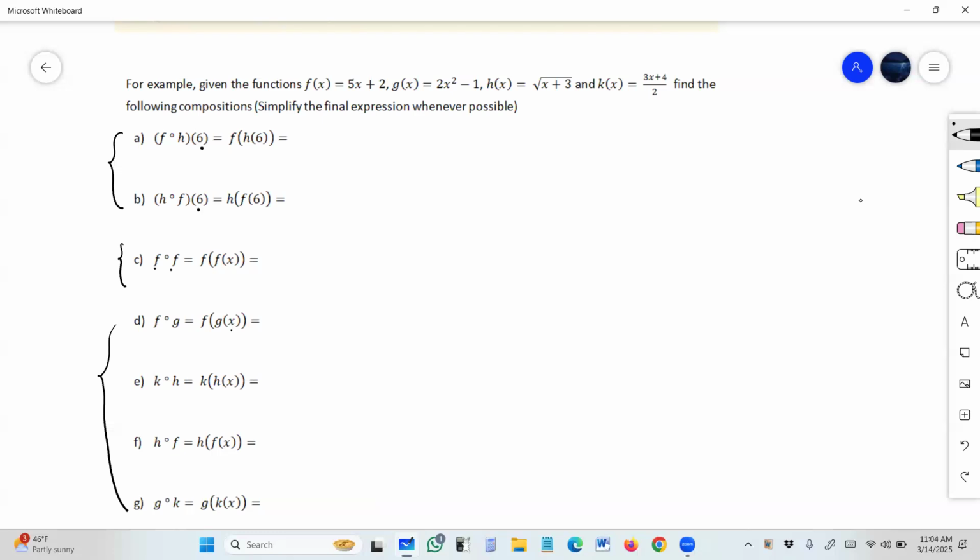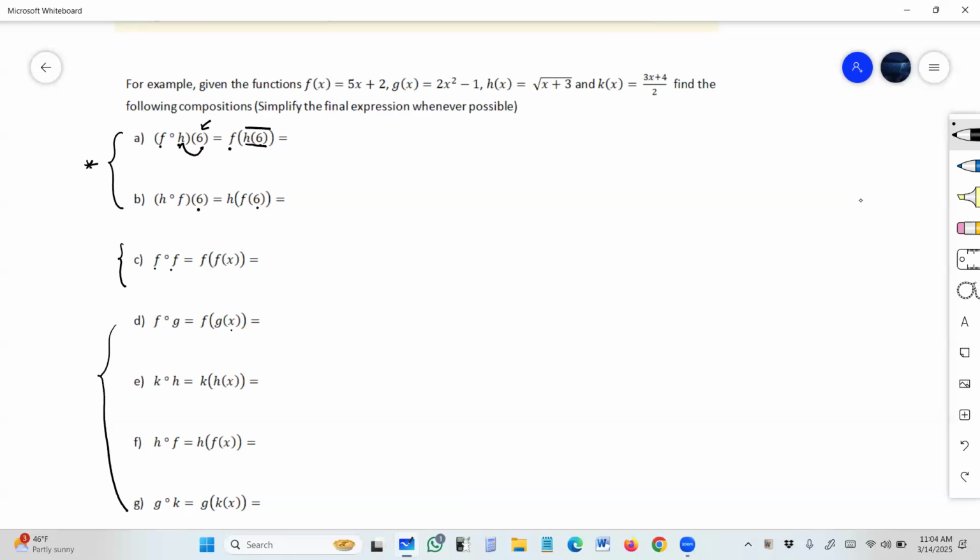Let's take a look at the first two cases. In these first two, the answer is going to be a number because I'm evaluating the composition at a particular point. So what do we do? First we understand the composition. f compose h means f of h of x. Because I'm evaluating at a particular point, this is f of h of 6.